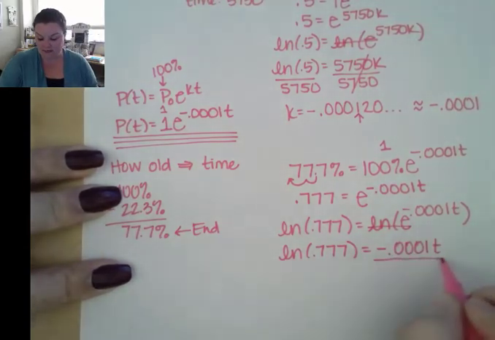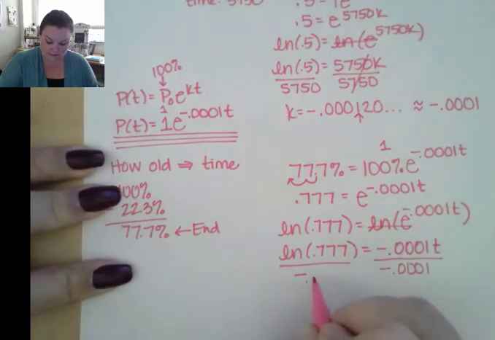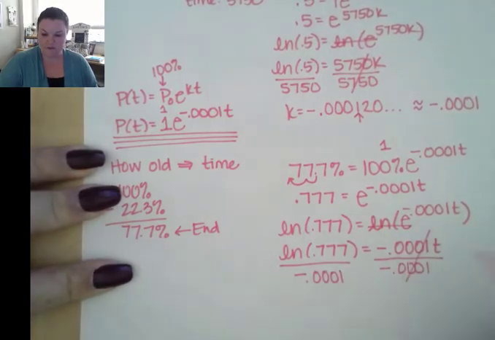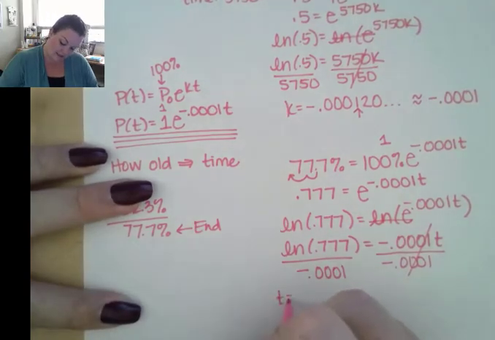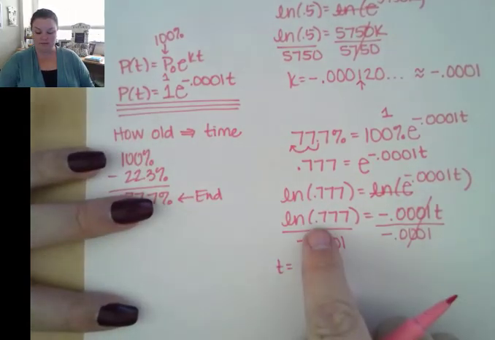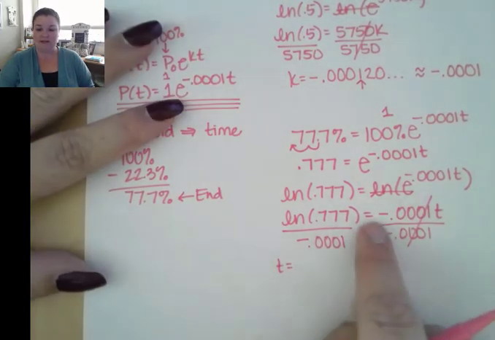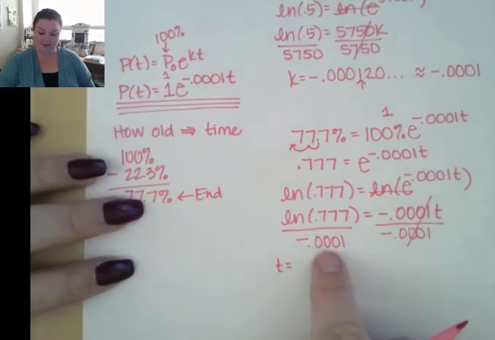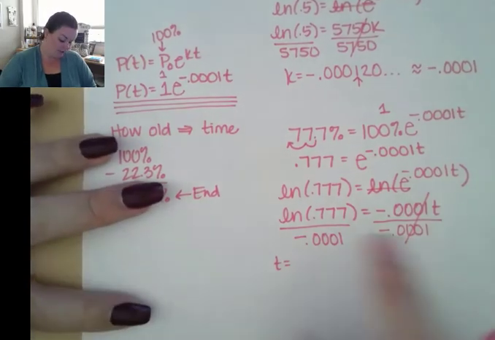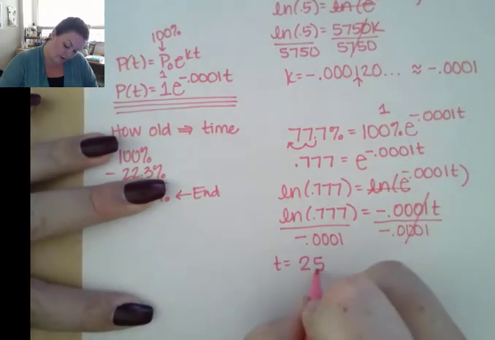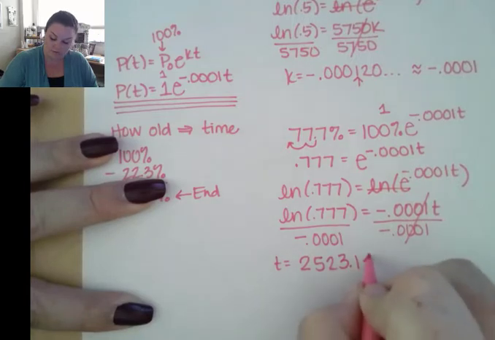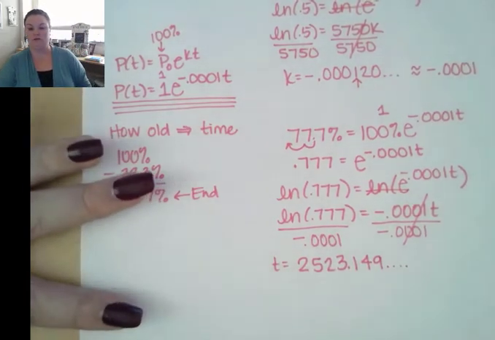And then I can divide off that coefficient. Divide by negative 0.0001. So that tells me that t is equal to, if I do ln of 0.777 on my calculator, I should get a negative number. And then when I divide that by negative 0.0001, it should come out to be 2,523.149 and some more stuff.